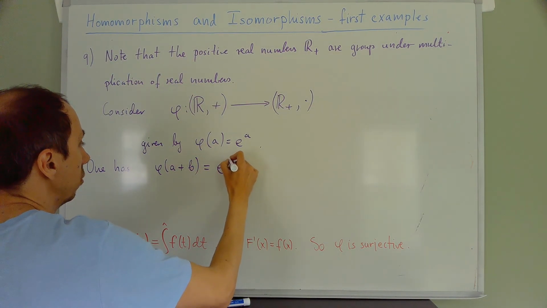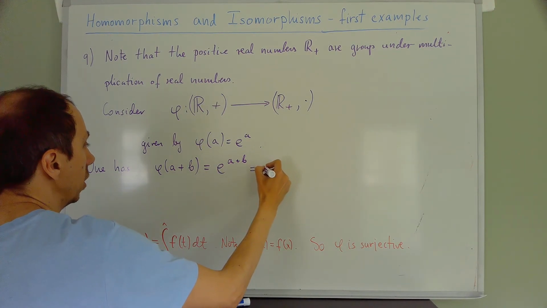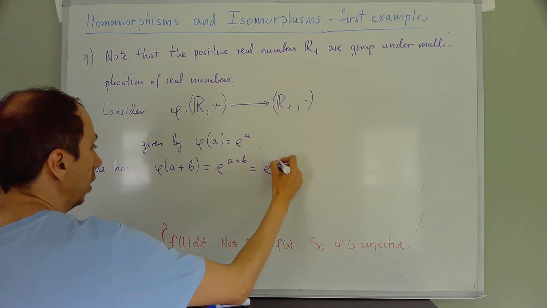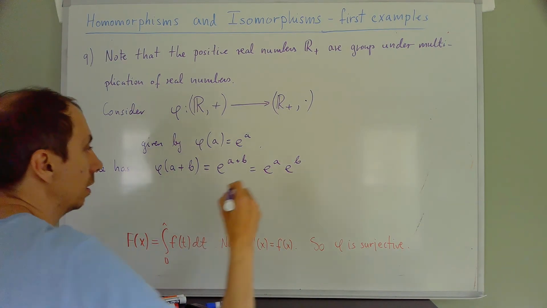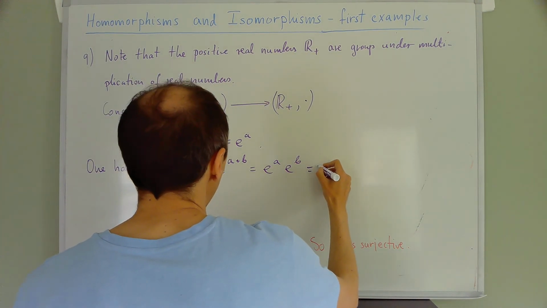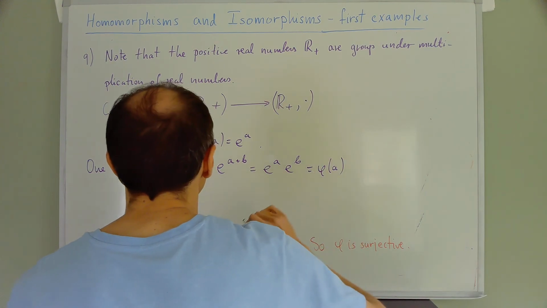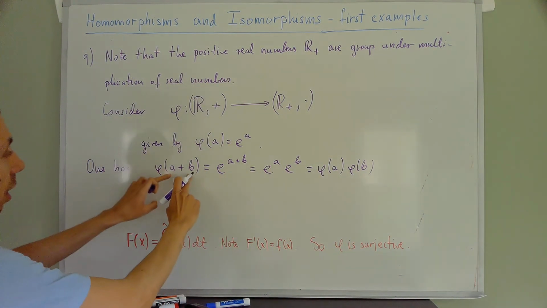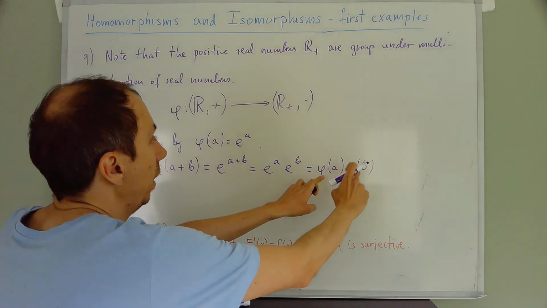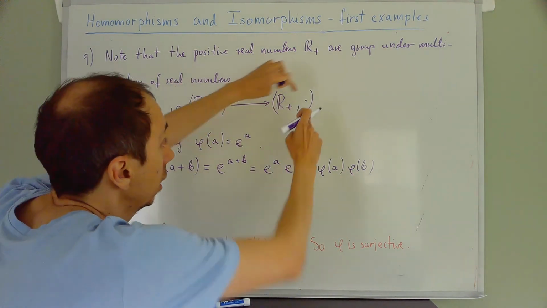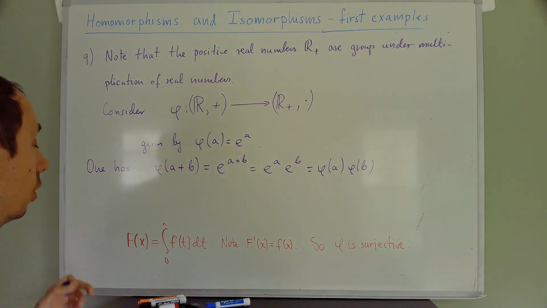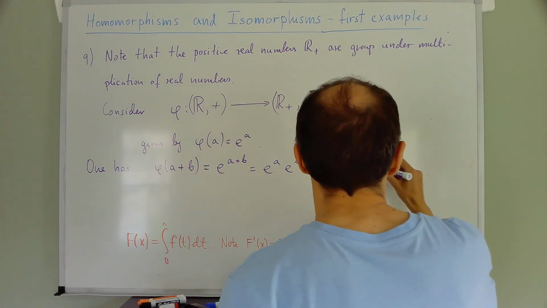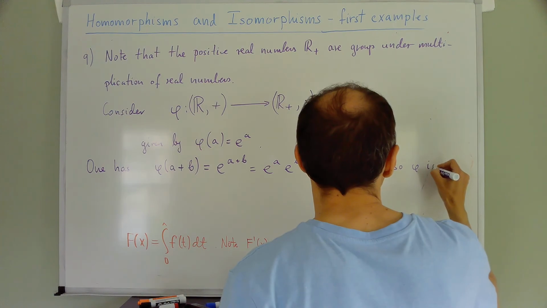That's, of course, e to a plus b, which is the same as e to the a times e to the b. But e to the a is phi of a, and e to the b is phi of b. So phi of a plus b is phi of a times phi of b. Addition got turned into multiplication, so this is a group homomorphism. So phi is a group homomorphism.